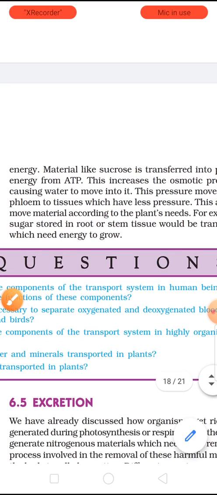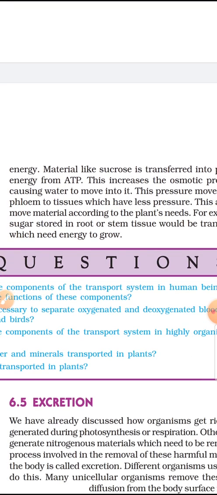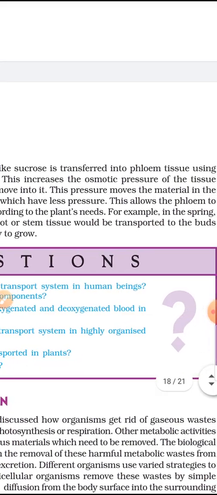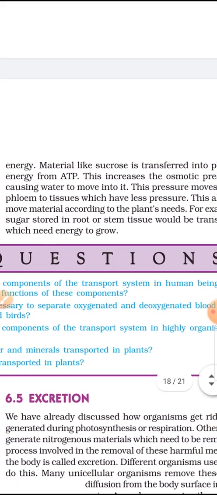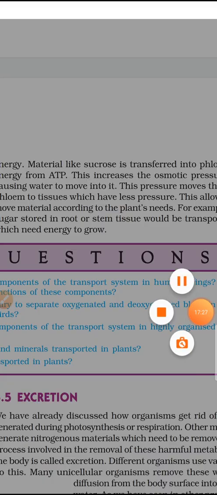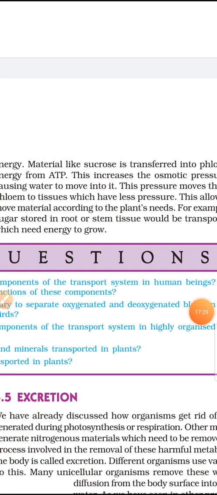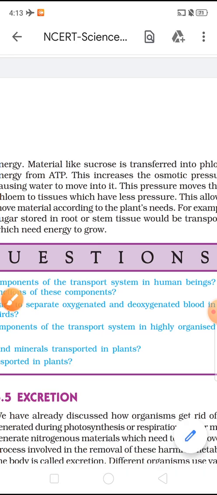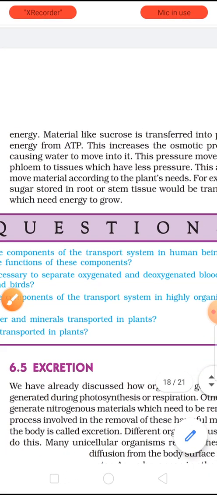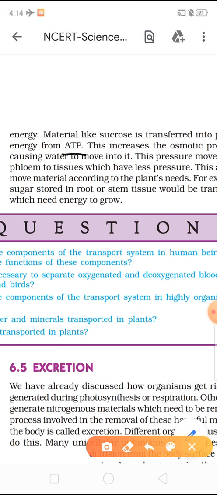So substances like sucrose are transferred into phloem tissue using energy from ATP. I'll read that line again: sucrose is transferred into phloem tissue using energy from ATP.